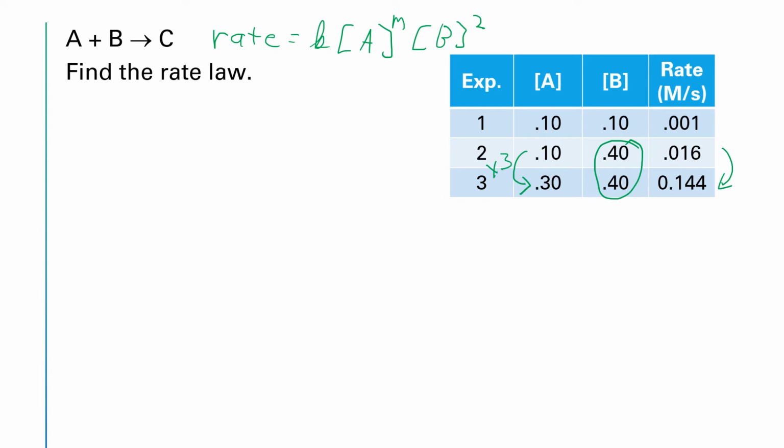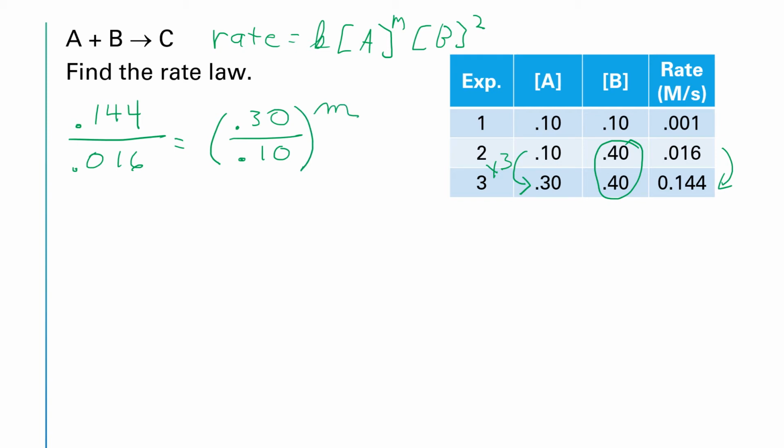So in going after the exponent on A, we're going to have the ratio of the rates, which will be, let's see, experiment 3 over experiment 2, so we'll have 0.144 divided by 0.016 is equal to, now the concentration ratio would be 0.30 divided by 0.10, and that's all raised to the M power.